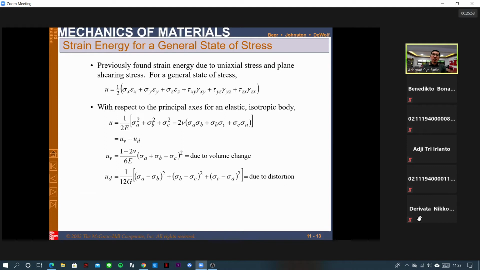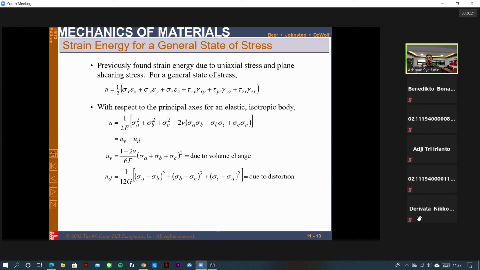Yeah, this is about the strain energy formulation for the general state of stress, or what we call three-dimensional space. To apply this, we have to use the general state of stress.